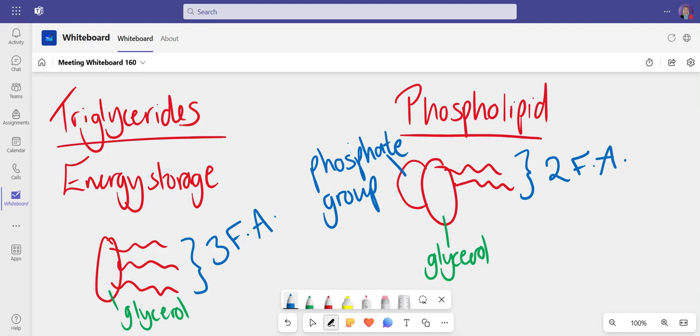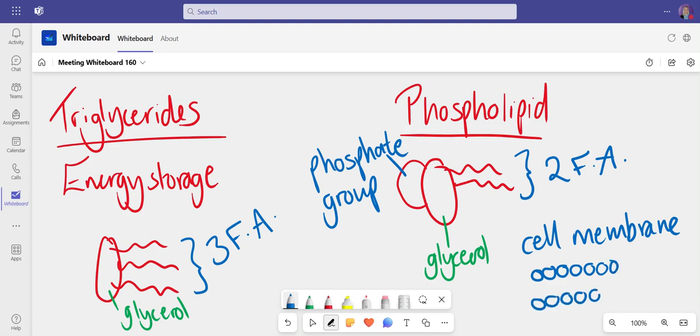So they have a slightly different structure and they also have a different function. They're not used for energy storage. The place where you find phospholipids is in cell membranes. And in a cell membrane, these phospholipids form phospholipid bilayers. So you might remember that in a cell membrane, we've got 2 layers of these phospholipids. So these here are what we call the phosphate head. That's this structure here. And then we've got the 2 fatty acid chains, which we draw like this.